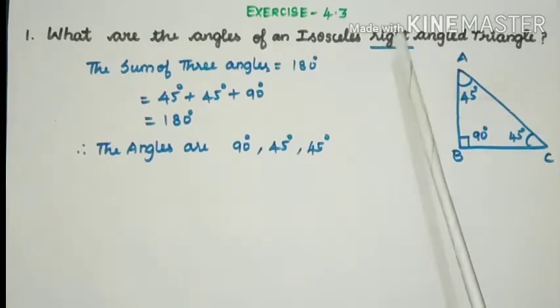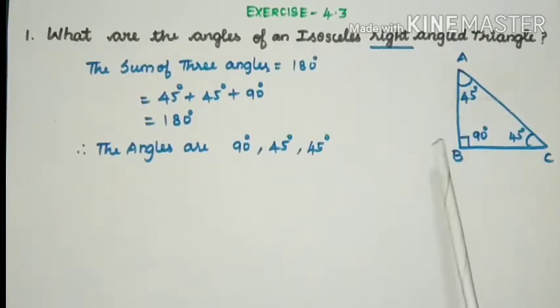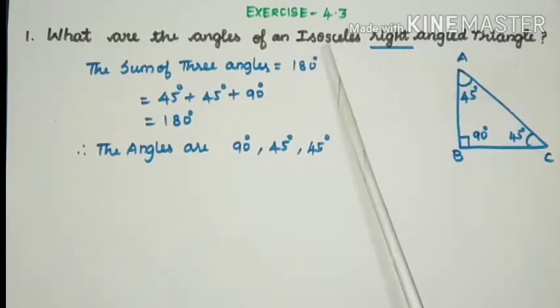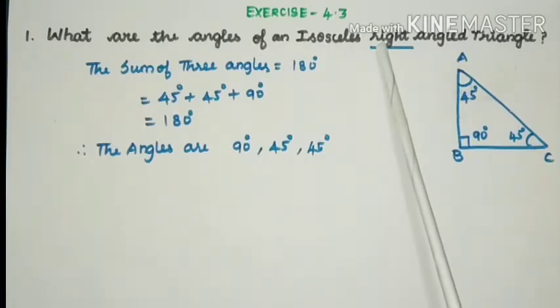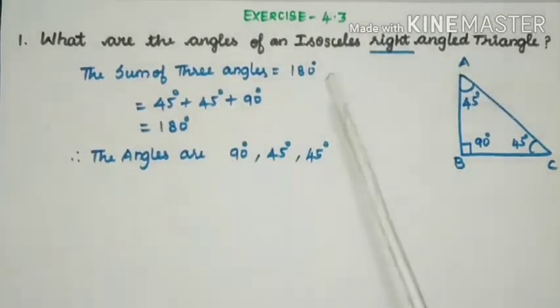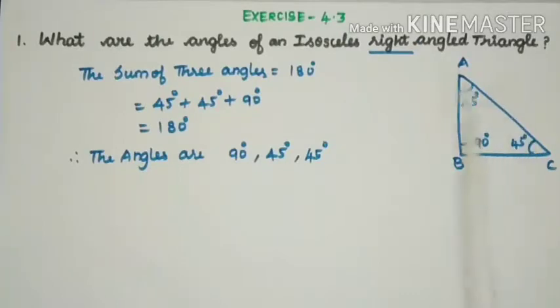See, right angle means one of the angles should be 90 degree. Students, is it clear now? One of the angles should be 90 degree. And we have to find the angles of an isosceles right angled triangle. Isosceles triangle means what? Any two angles are equal. See, one angle we know is 90 degree. We have to find the other two angles.